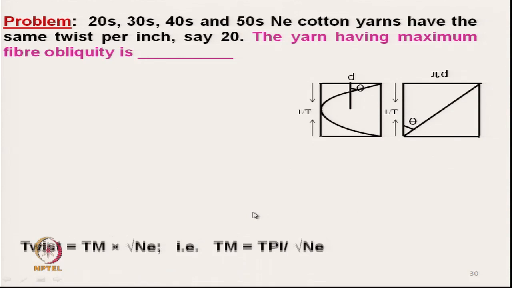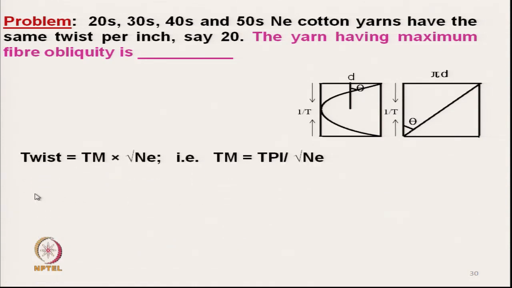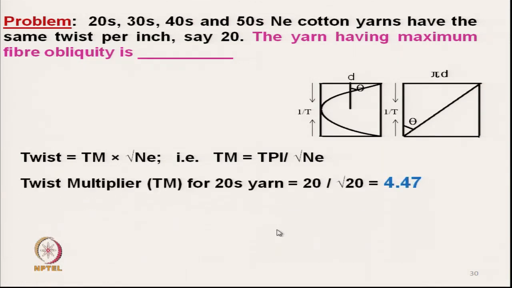We know the equation: twist per inch equals twist multiplier multiplied by root of Ne. So, TM we can calculate by the formula TPI by root Ne. Here TPI is given for all yarns, it is fixed at 20, so we can calculate the twist multiplier for different yarns.